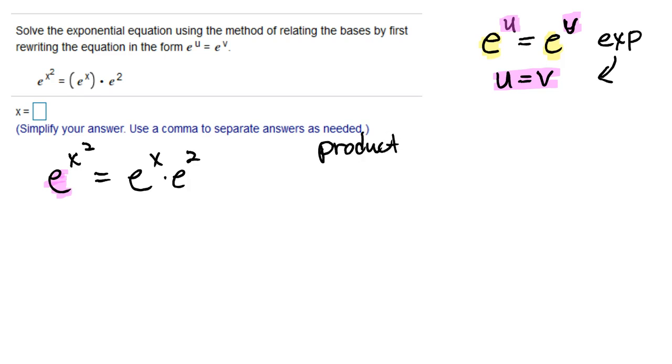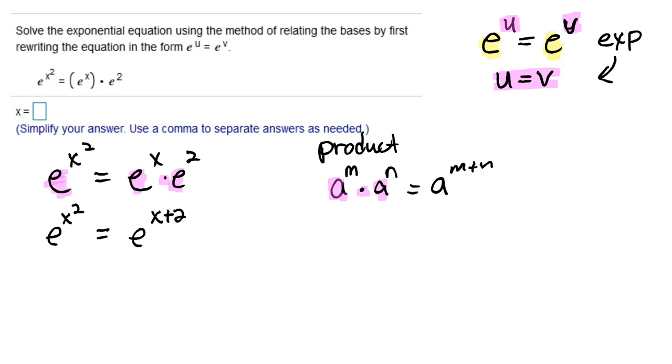And the product rule says if you have a to the power m times a to the power n, when you are multiplying, when the bases are the same, you're going to add the exponents. So in our equation, I've got the bases being the same, and I'm multiplying, so I'm going to add those exponents together to get x plus 2.